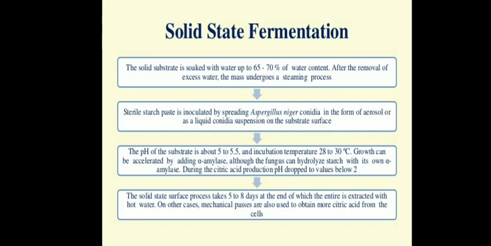The first step in the production of citric acid is that the solid substrate, the wheat bran, is soaked in water, and the moisture level is increased up to 65 to 70%.